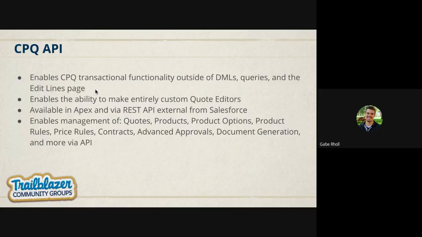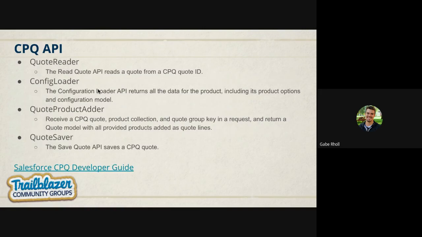So what we will be covering is 4 endpoints of the CPQ API accessed entirely through Apex. We're going to show the quote reader, which loads up a quote into your Apex, the configuration loader, which enables you to query a product, but it also queries product options and other information, and it already sets it up in the JSON format that the CPQ API is expecting to be able to process those.